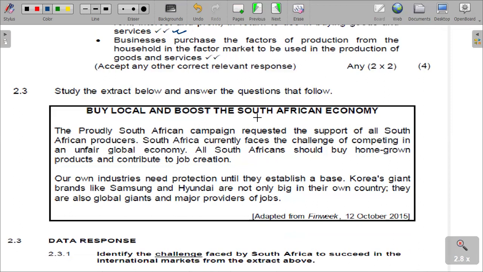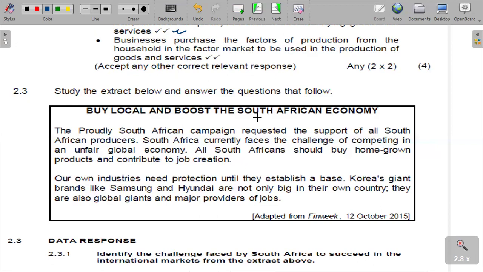South Africa currently faces the challenge of competing in an unfair global economy, as in the whole world. The competition that the South African market faces is quite heavy and difficult to survive. All South Africans should buy homegrown products and contribute to job creation. That is true. Our own industries need protection until they establish a base. So the government is the one that gives that protection through various measures.